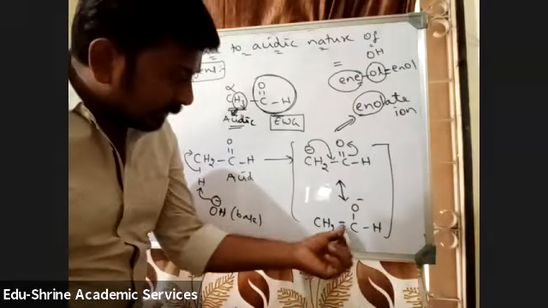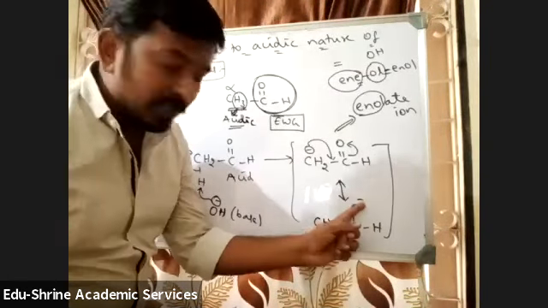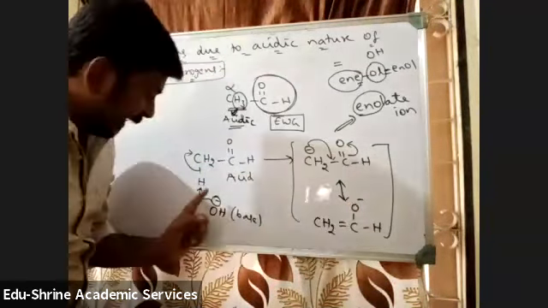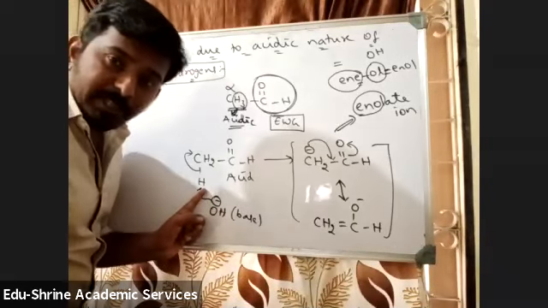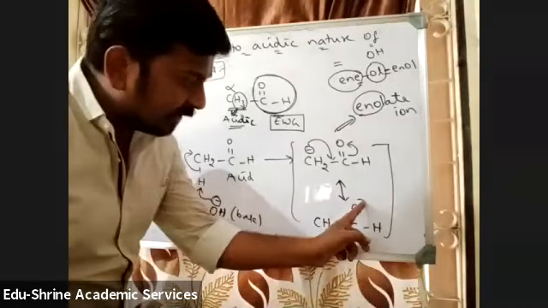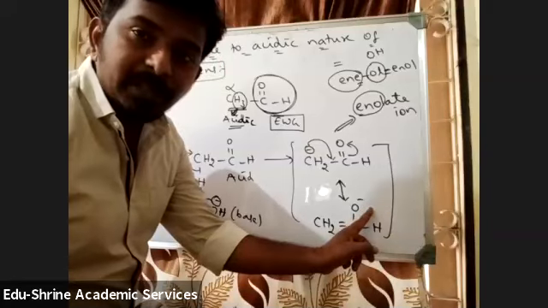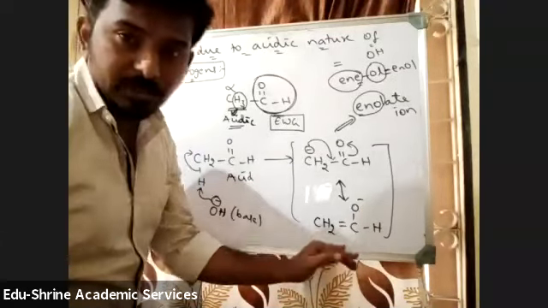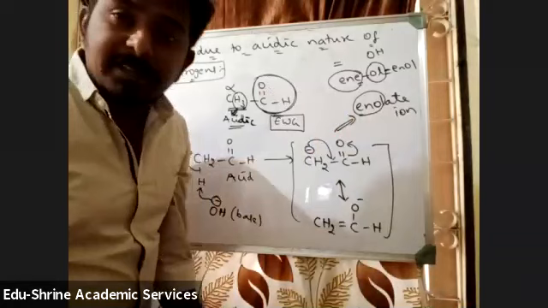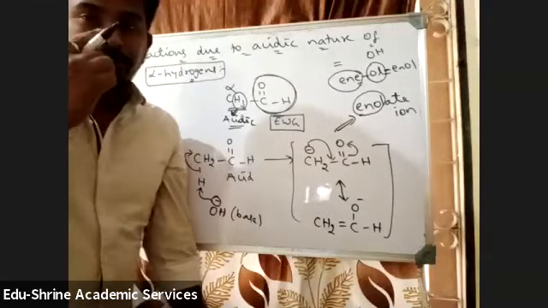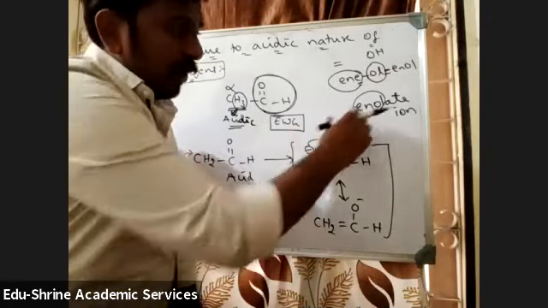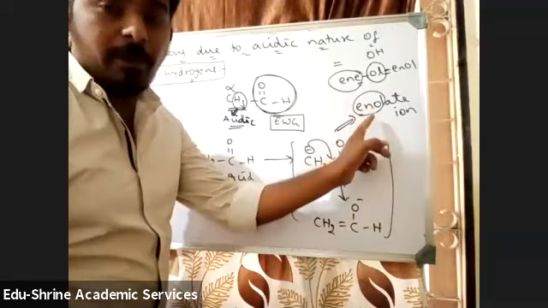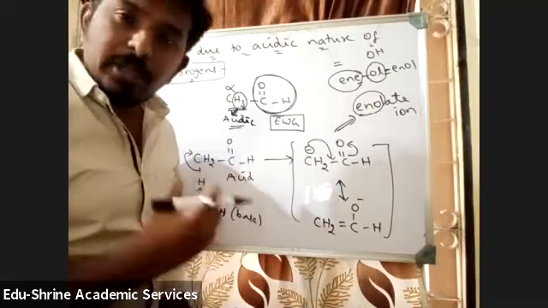You can see here there is a double bond present. This O minus formed here will take H plus, because H plus is lost from the compound, and when it takes H plus, it becomes OH. That's why these are called enols. As it is an ion, we call it an enolate ion. The enolate ion formed here is stabilized through resonance.